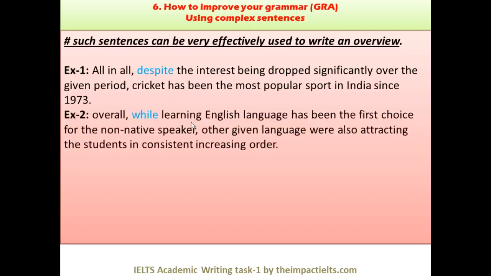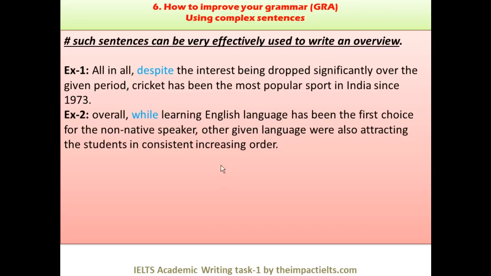Second example, overall, so you can see the language, all in all, overall: while learning English language has been the first choice for the non-native speaker, other given languages were also attracting the students in consistent increasing order. The word I've used here is while. And be careful about the comma punctuation part.